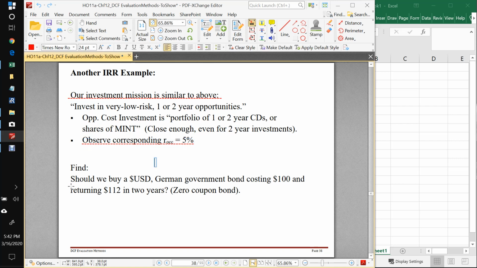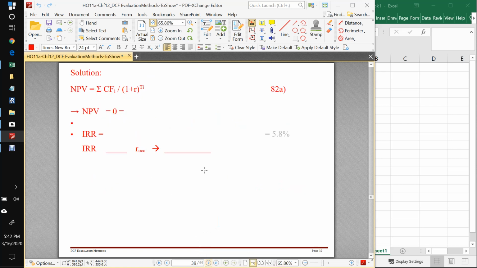So now we want to know, should we buy a US dollar denominated German government bond that costs 100, and the contract says it'll return back 112 in 2 years with nothing in between, so that makes it a zero coupon bond. All right, so let's see if we should buy this one.